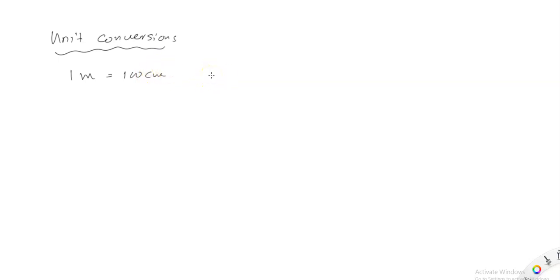Think about a meter stick. Let's say this is 1 meter. A meter stick is divided into 100 little segments like this. So this whole thing is 1 meter, right? This little thing is 1 centimeter.